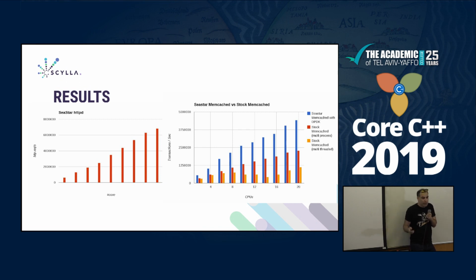You can see the comparison to stock memcached, and the performance is both higher per core, and also the scalability is much better. So with Seastar, you can write an application in a way that takes advantage of today's large multi-cores. And 20 cores is actually not a lot these days. You have machines that have 64 cores and even more.